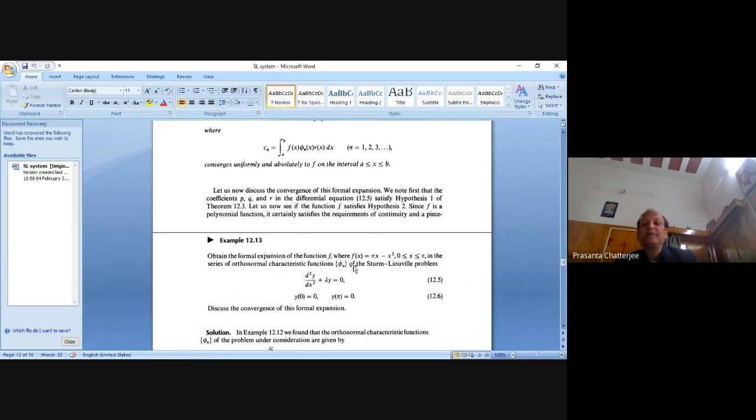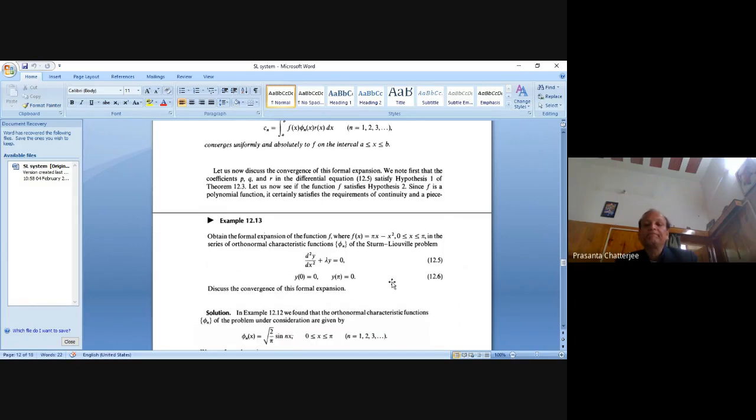Suppose this is a problem. We want to find the formal expansion of f(x) equal to pi x minus x square in the interval 0 to pi in the series of orthonormal characteristic functions phi n of the Sturm-Liouville problem. So it is known that phi n(x) equals sin nx. This set is orthogonal.